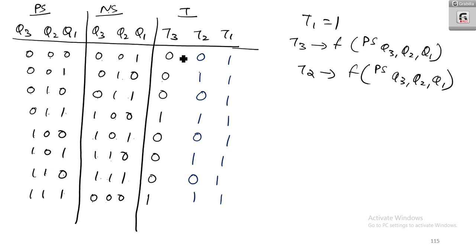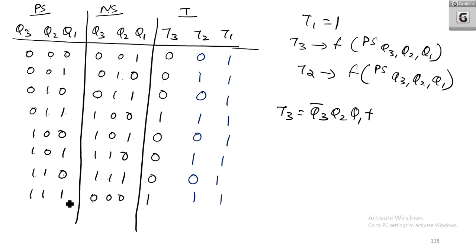Now I am going to derive T3. What is T3? T3 is 1 here. So T3, I am not going for K-map. I can take it there because I am having only 2 ones here. So what is T3? It is Q3 bar, Q2, Q1. Or here what you have?